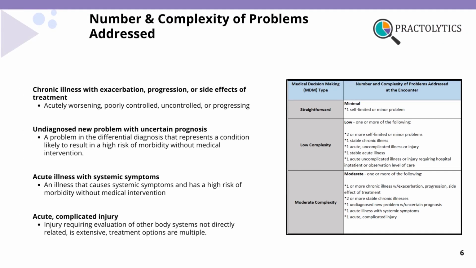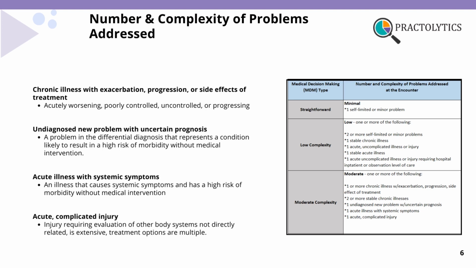The other definitions, again, relate to the nature, number and complexity of problems addressed. The next one is chronic illness with exacerbation, progression, or side effects of treatment. So, a chronic illness or condition that is acutely worsening, poorly controlled, or progressing, with an intent to control progression and requiring additional supportive care or attention to treatment for side effects.